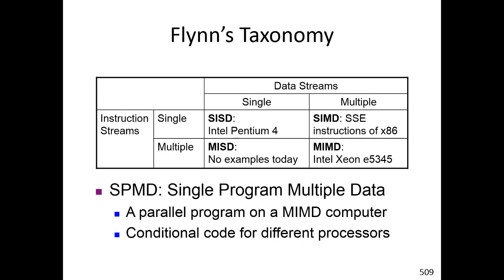Now, here's finally Flynn's taxonomy. We've talked a lot about this in class. I mean, 99% of our time has been on single instruction, single data. We've talked about it at the instruction level, which is why I mentioned instruction level parallelism, where we pipeline through one instruction at a time on one piece of data at a time.